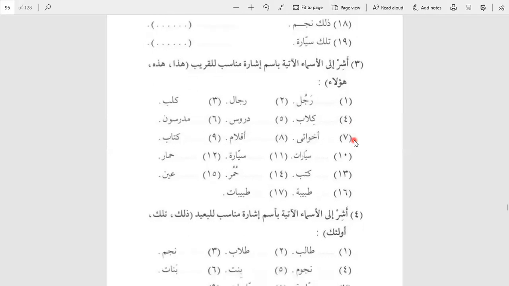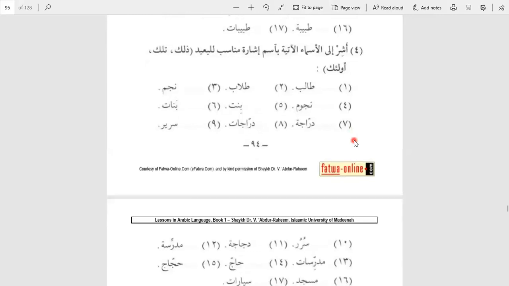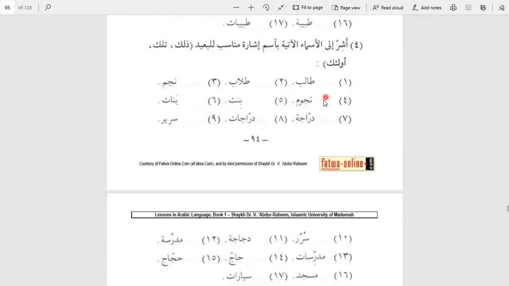So I want you to go through all this. It's just the same. We've been doing this in previous lessons, so that's why I'm moving fast, because I know you're able to complete this. Talibun is this, with what changed here being the ismu ishara. Now we are using dalika, tilka, ulaika, and we said dalika refers to masculine, which is far and is singular.